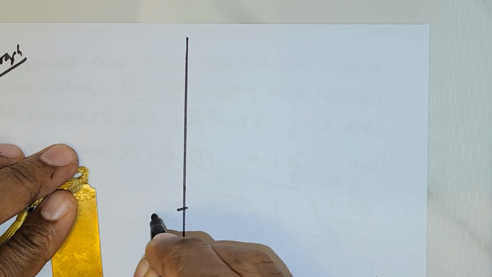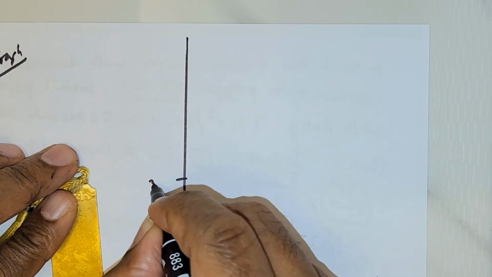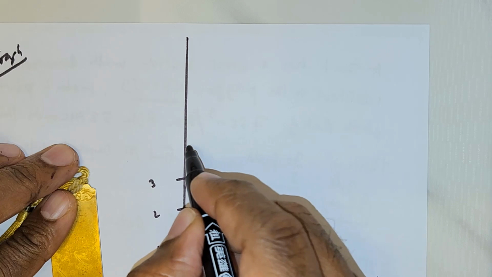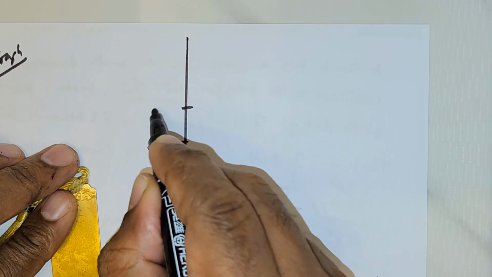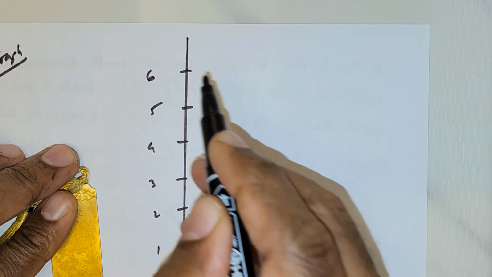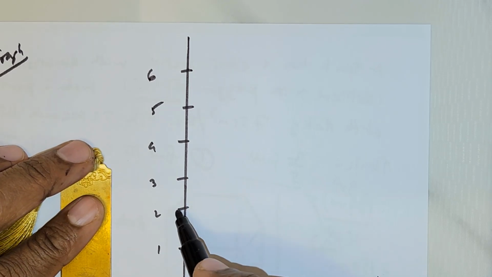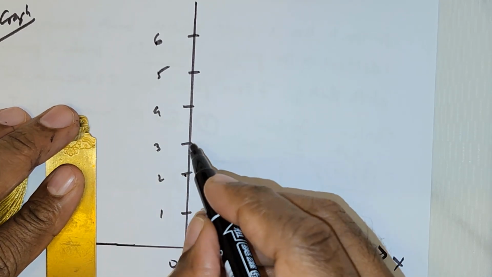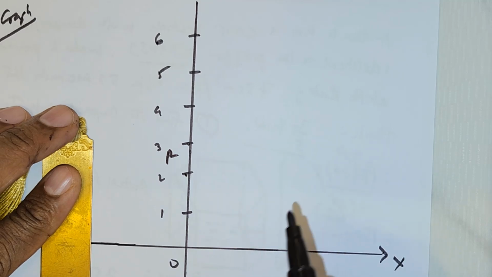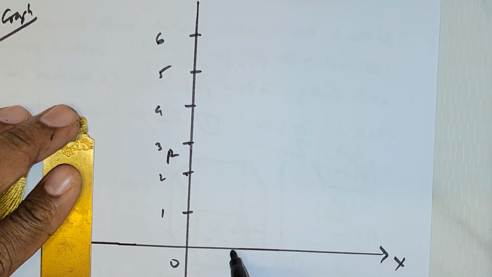We have 1, 2, 3, 4, 5, 6. Okay, we have a point R, and then 1, 2.